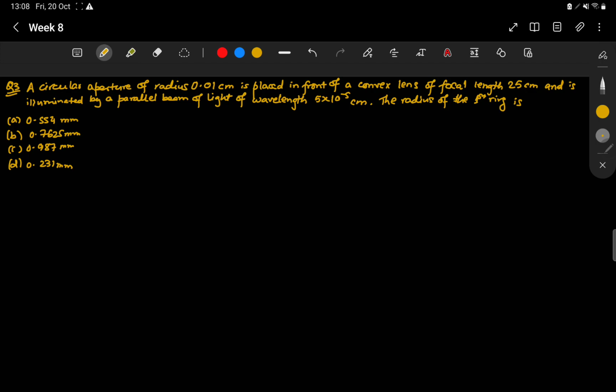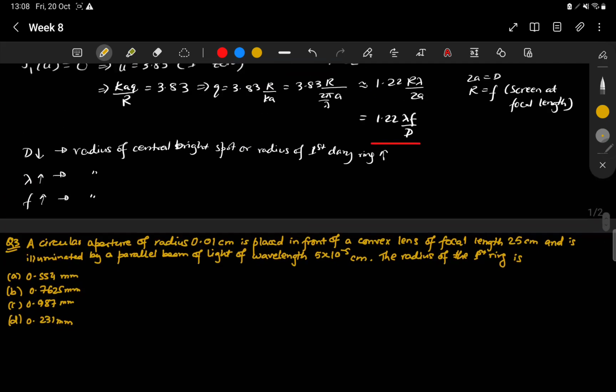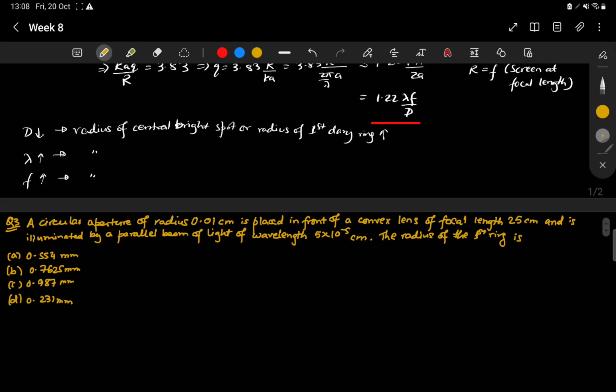Okay, so let us now discuss the answer. This is pretty simple and straightforward numerical based on the previous question that we just solved.